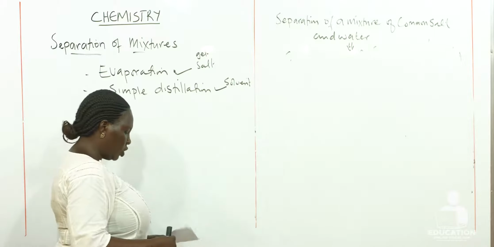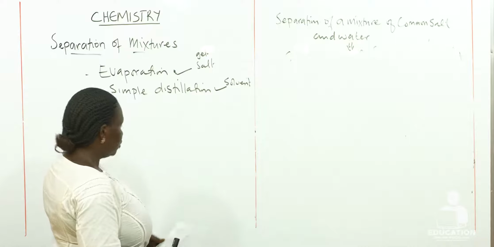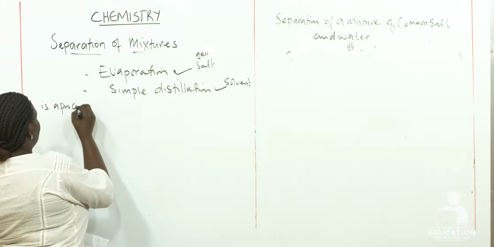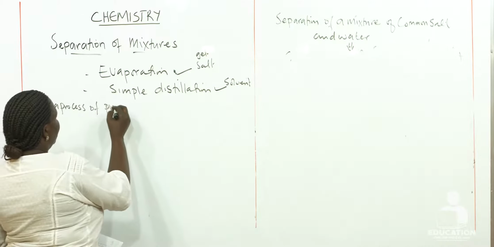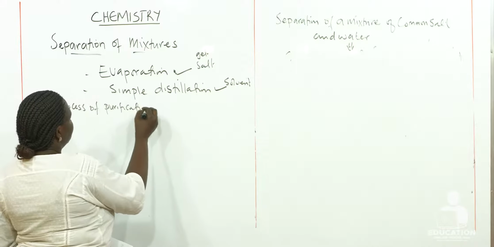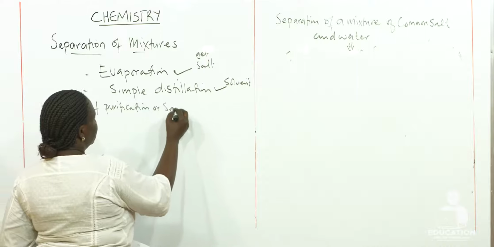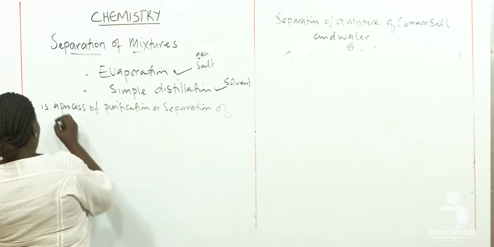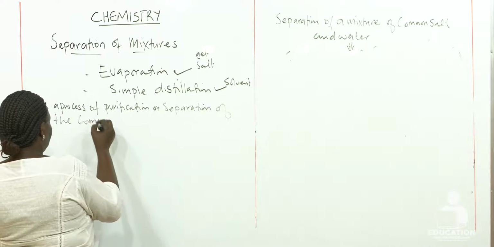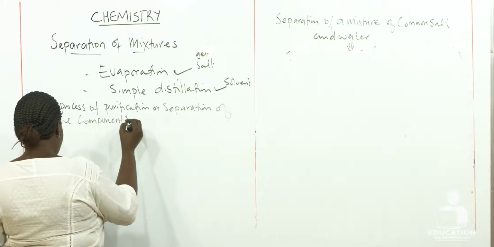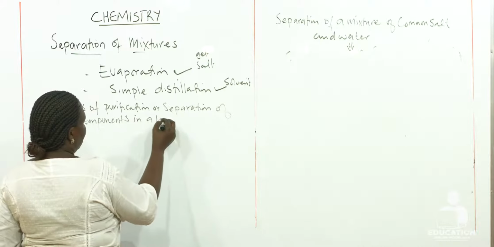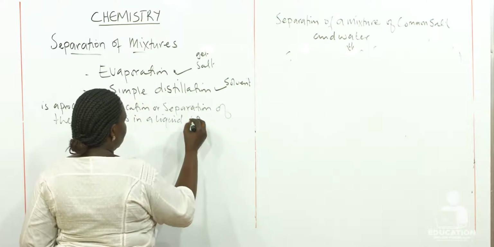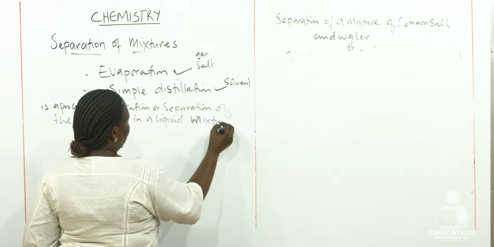And in simple distillation, we have a distillation set. So, distillation is a process of purification or separation of the components in a liquid mixture, either purification or separation of components in a liquid mixture.